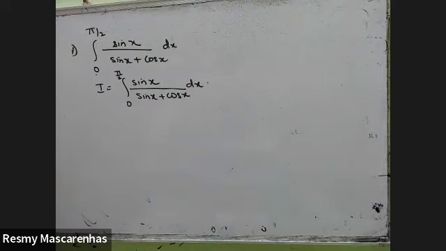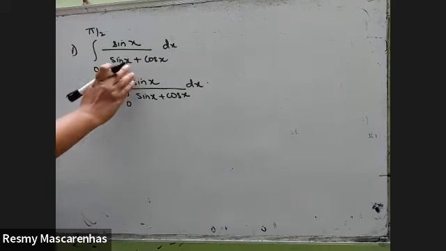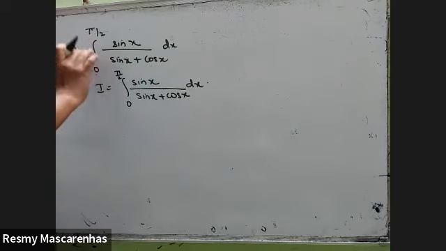Okay, these are using the properties. Later, once you see this type of problem, you'll understand that you have to use the property. Sin x upon sin x plus cos x, with limits, if it is there, normally you have to use the property.